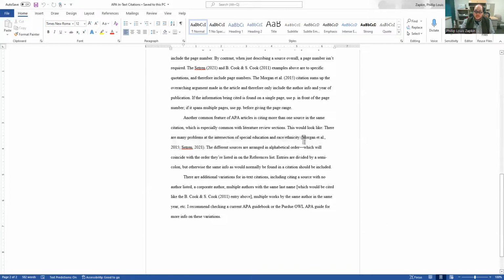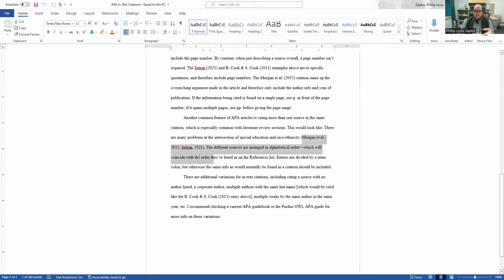The parenthetical citations basically will look the same as a regular parenthetical citation. Author's last name, or authors' last names if you've got two, primary author et al., whatever it is, and then the date of publication. But then you divide entries with a semicolon. Fairly straightforward.